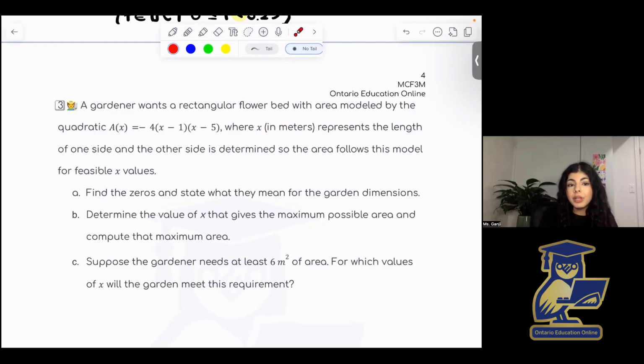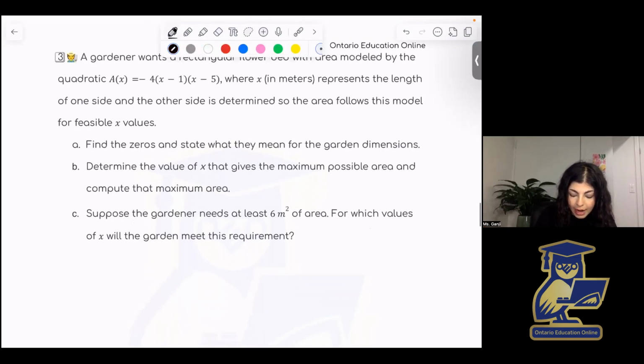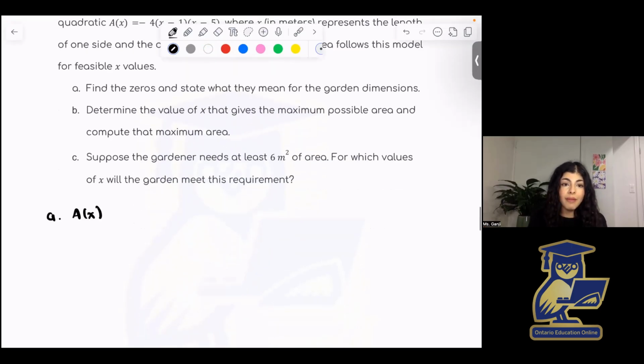So here for the zeros, if we set the A of X as equal to 0, that means we want an area of 0. And this would happen when we have no side length.